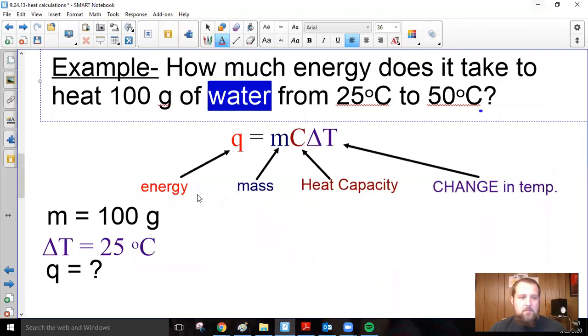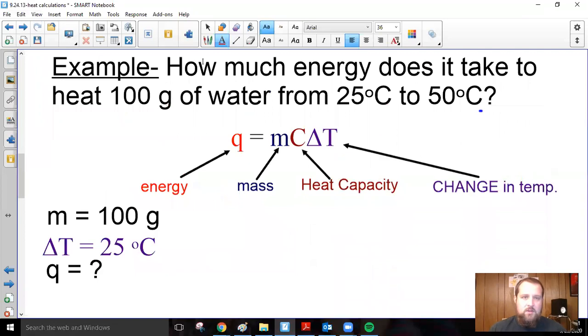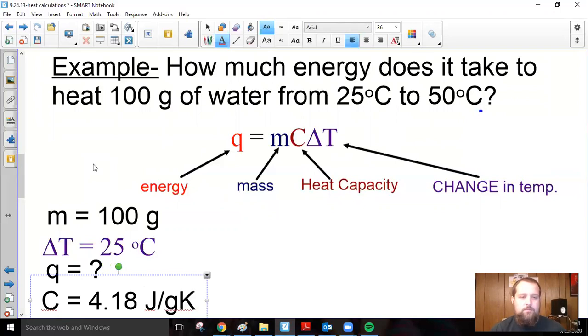It'd be easier if you had paper reference tables to look at and page through, but unfortunately, well, unless you have a printer. If you have a printer, I recommend printing out the reference tables. It would be very helpful. So our heat capacity taken off of table B is 4.18 joules per gram Kelvin. Luckily, Celsius degrees and Kelvin degrees are the same, so we can do that.